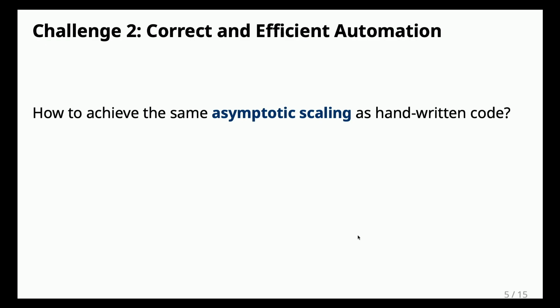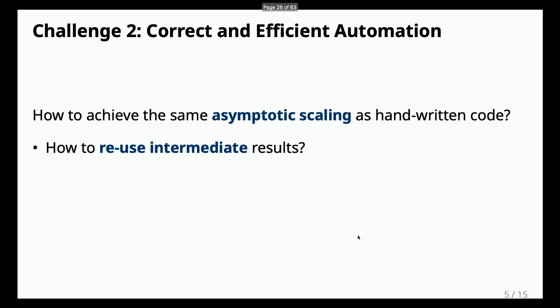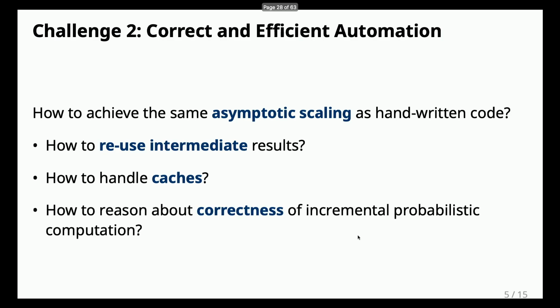Ideally, we want to achieve the same asymptotic scaling as a manual incrementalization. And for this, we're probably going to have to reuse intermediate results. How exactly are we going to use these? We might organize them in caches, but how do we thread all these caches around the program? And most importantly, how do we reason about the correctness of this whole mess?